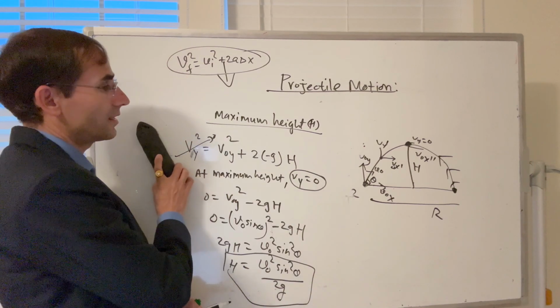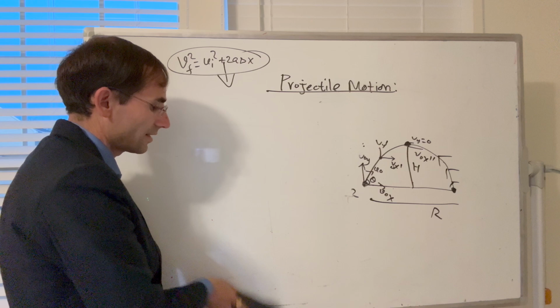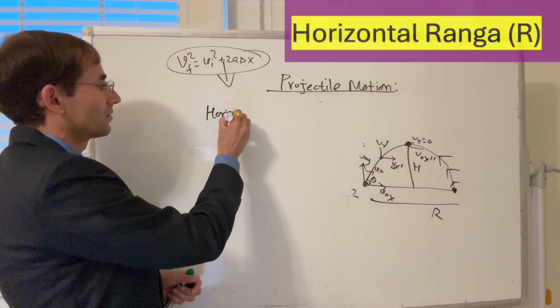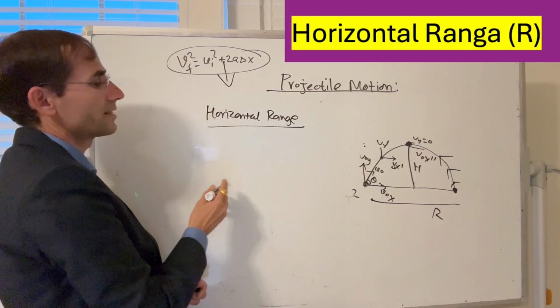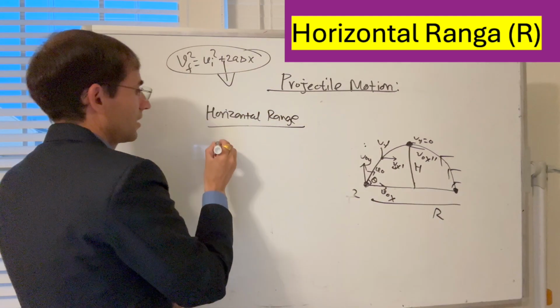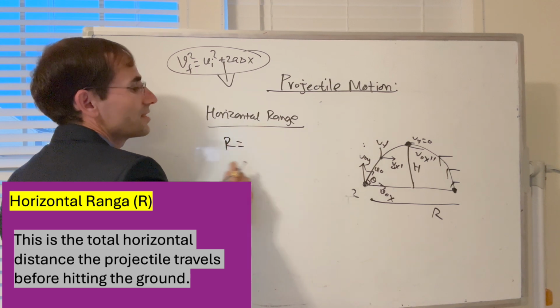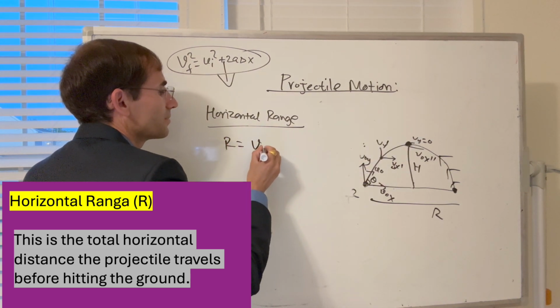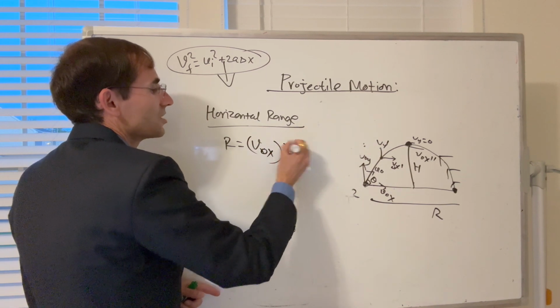The final thing I am going to derive here is the horizontal range. The horizontal range is this R. R is the velocity along the x direction, v_0x, which always remains the same, times the time of flight, t.